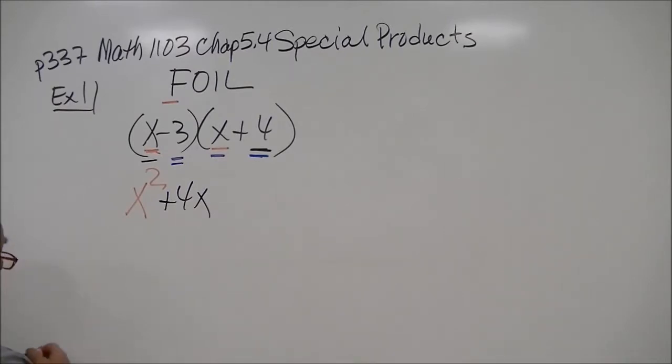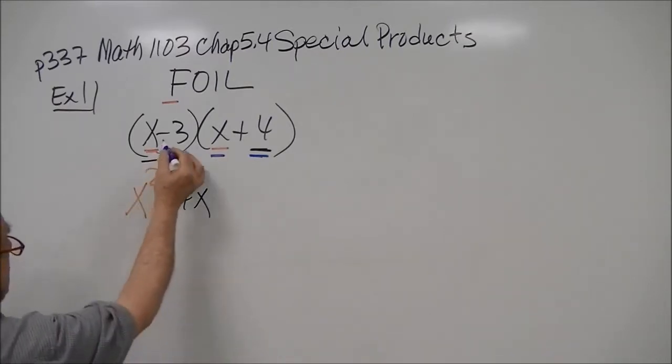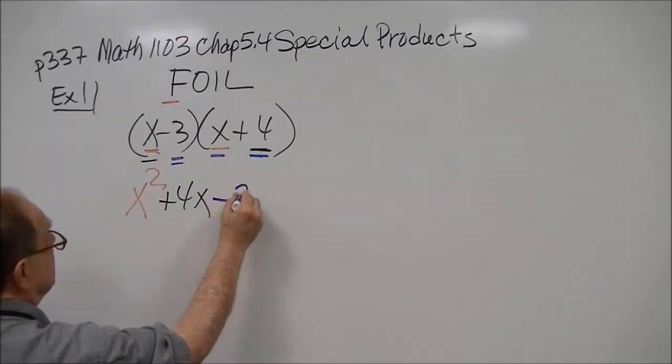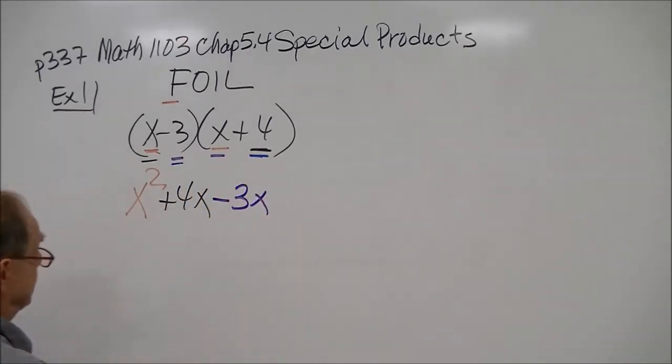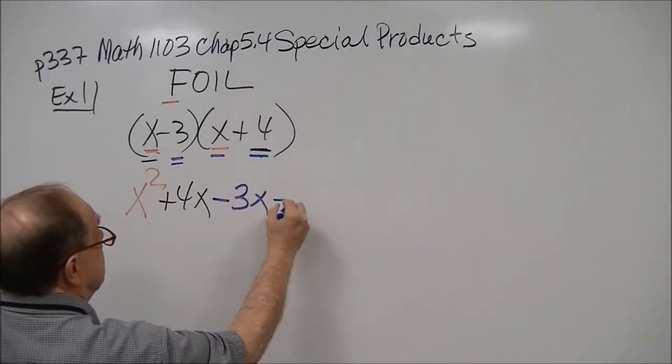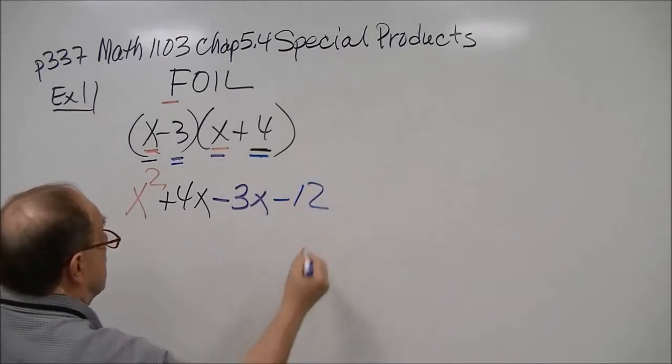When we do the inners, we get a negative 3 times x gives us a negative 3x. And when we do our last, we get a negative 3 times a positive 4 gives us a negative 12.